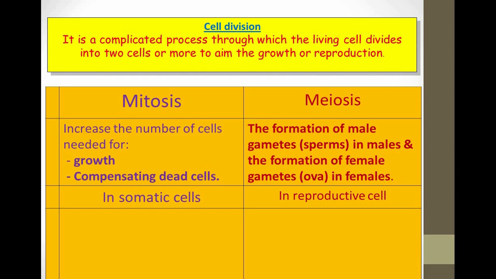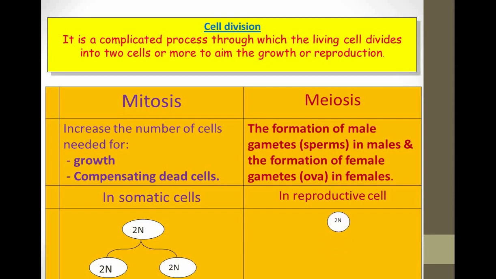The aim of mitosis is growth or compensating dead cells. But the aim of meiosis, which occurs in reproductive cells, is formation of gametes. Mitosis, represented by 1 cell 2n, divides to give 2 similar cells, each of them 2n.